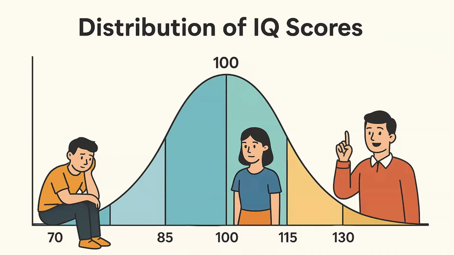So IQ scores are one of the most famous normal distributions. If you ask somebody what is meant by a bell curve, oftentimes they will mention IQ scores as what is represented by a bell curve. So IQ scores have that normal distribution.